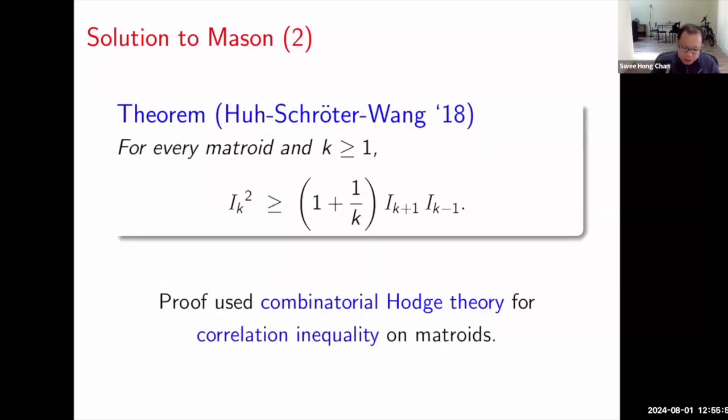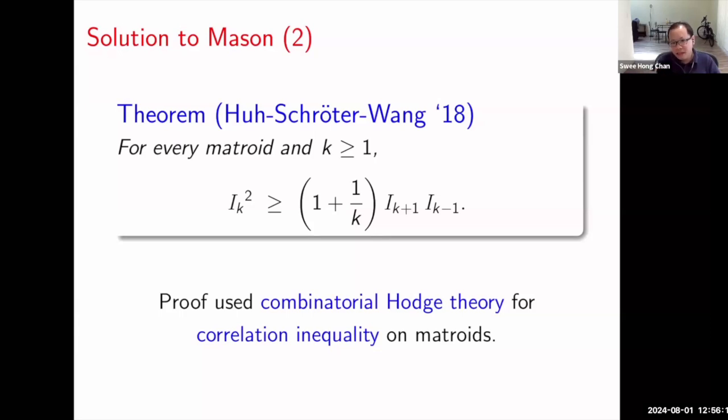The second breakthrough, almost in the same year, was by Huh, Schröter, and Wang, where they proved that yes, strong log-concavity is true. This is the one that we proved for forests. They proved it again using Hodge theory, but rather than working directly with the matroid, with the numbers I_k, they first proved something called the correlation inequality.